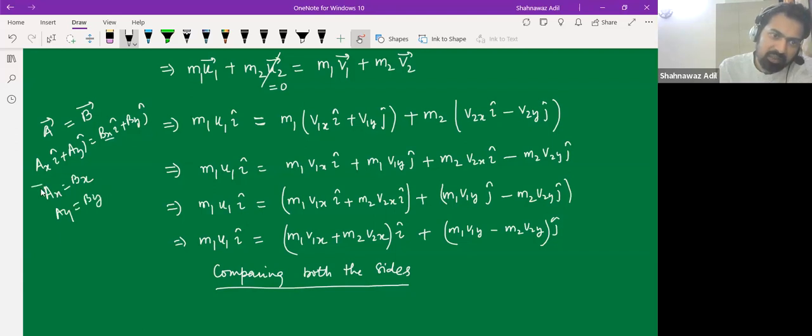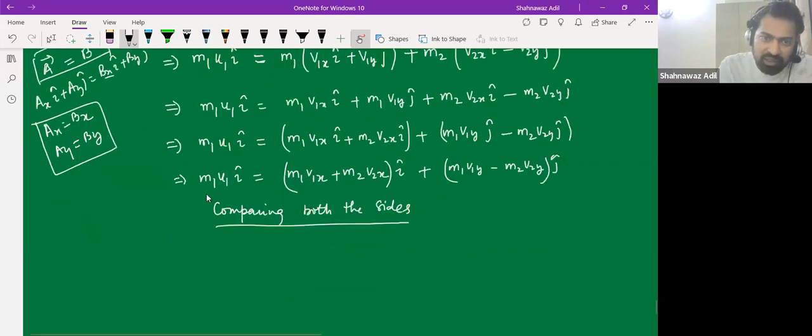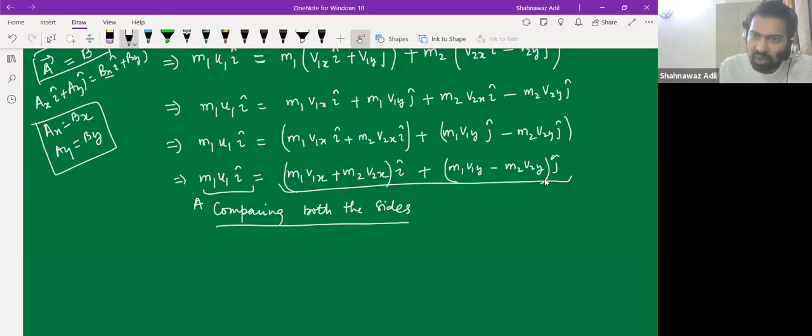Then this vector would be equal, right? So this is some A vector, whose X component is this one and Y component is this one. This is the B vector. These are equal.